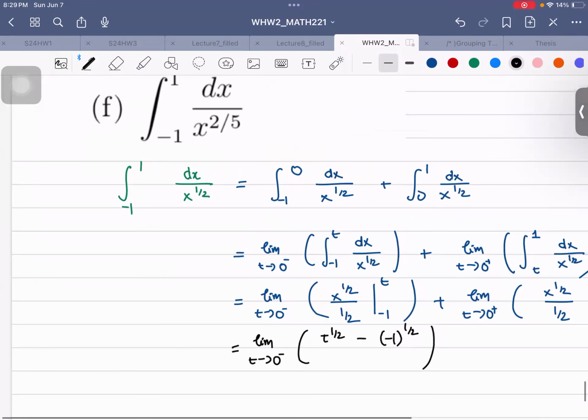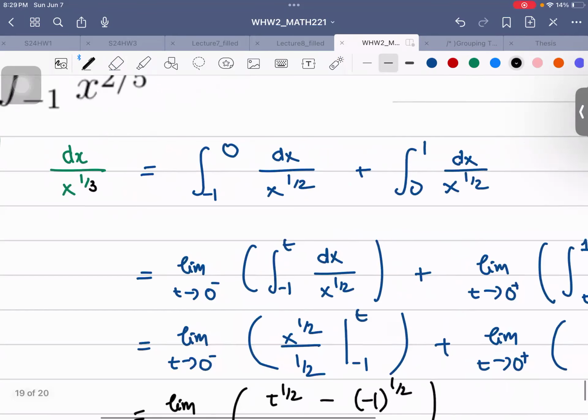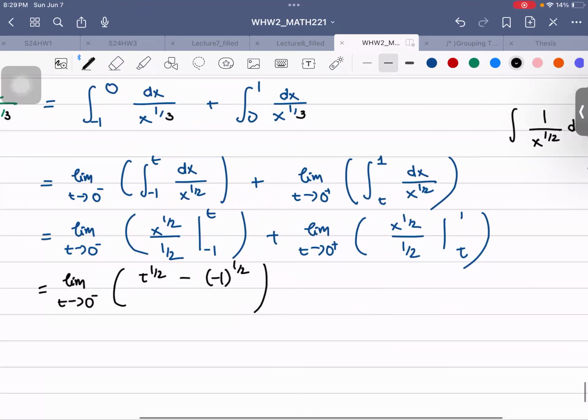Actually, the question that I created does not make sense because this is a square root. I cannot have the square root of negative numbers. So let me change it a little bit: 1/3, for instance. Sorry for my confusion. 1/3 and 1/3.